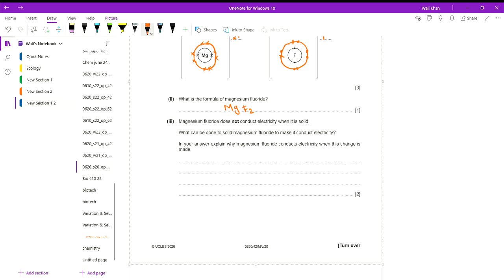So, उसको briefly describe करते हैं. Why magnesium fluoride conducts electricity when this change is made. ठीक है.